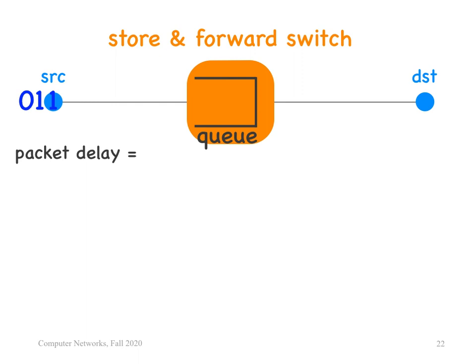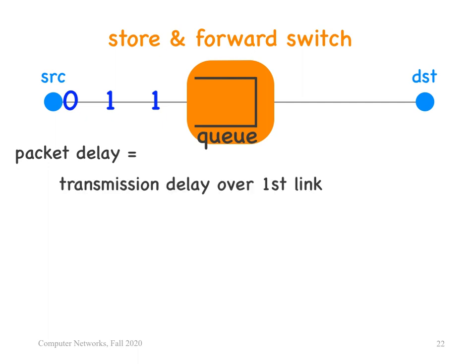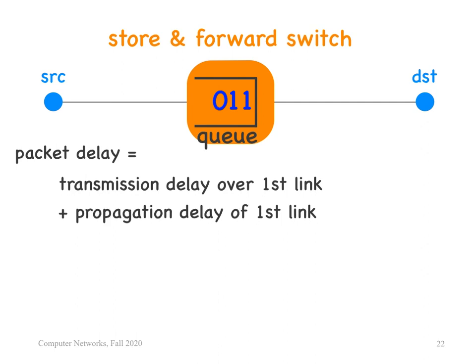When the source transmits a packet, the source first pushes all the bits of the packet onto the link. So again, we have the transmission delay over the first link. Then we have to wait for the last bit of the packet to get to the switch. When the last bit arrives at the switch, the previous bits of the packet are waiting there. So we have the propagation delay of the first link.